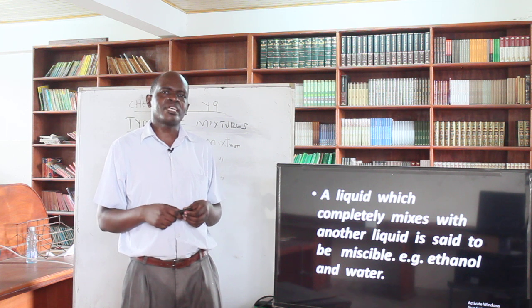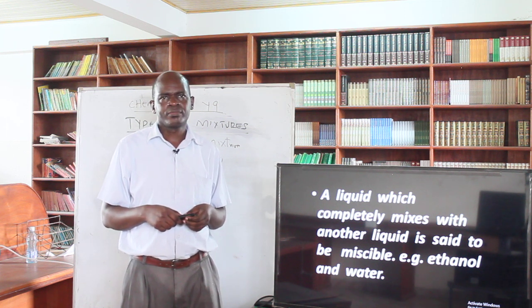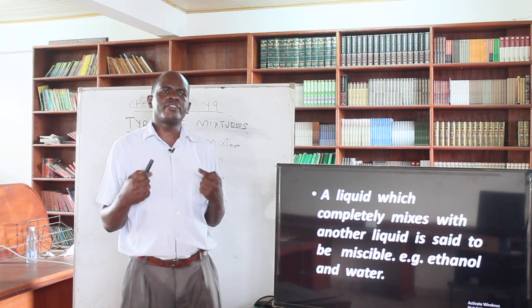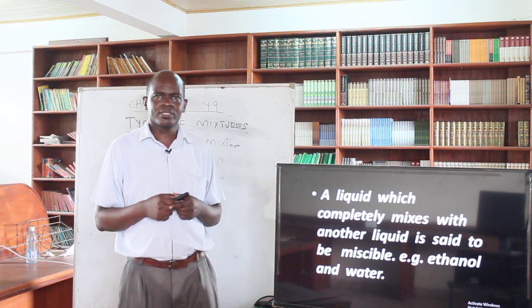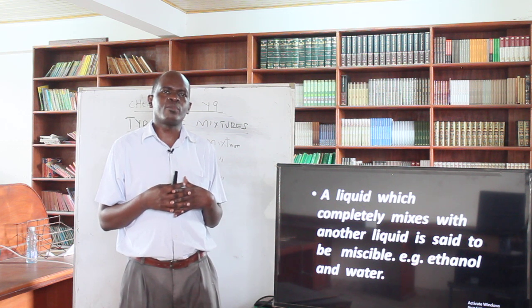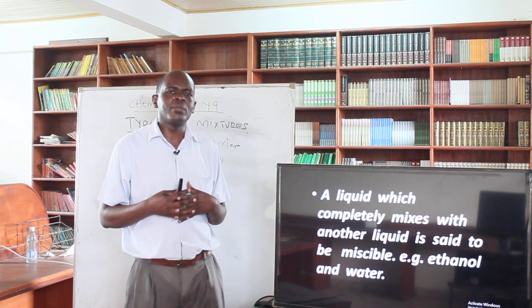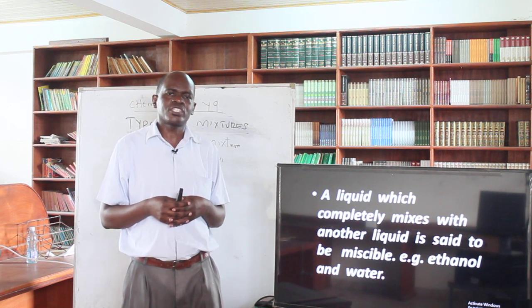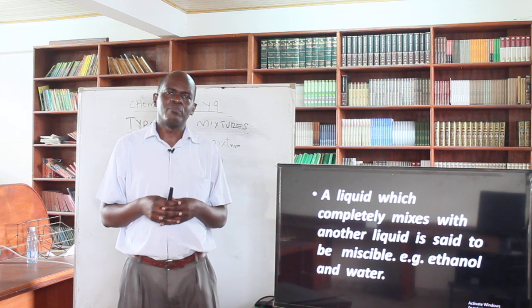But you also have mixtures which involve liquids. And we say that in some situations we'll have two different liquid substances which can come together and result in the formation of one uniform layer. Such is referred to as a miscible liquid.